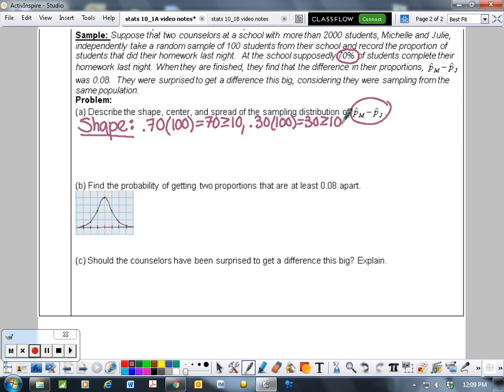Now Julie's should be the same. So now 0.7 times 100 equals 70, which is greater than or equal to 10. And then 0.3 times 100 equals 30, which is greater than or equal to 10. So we're good. So our shape is normal.